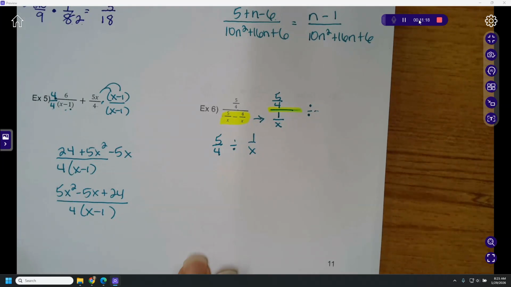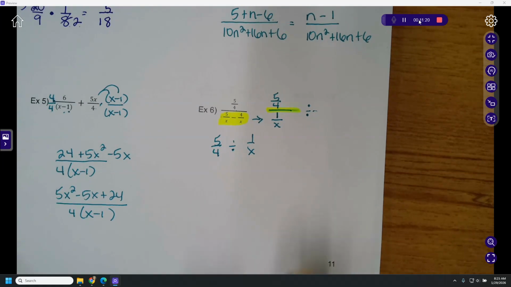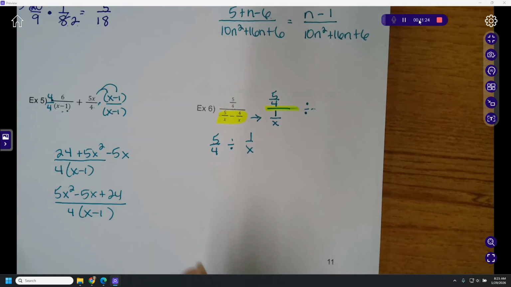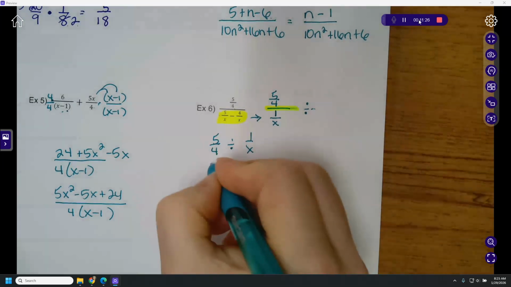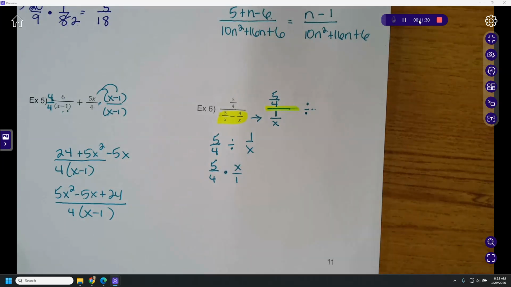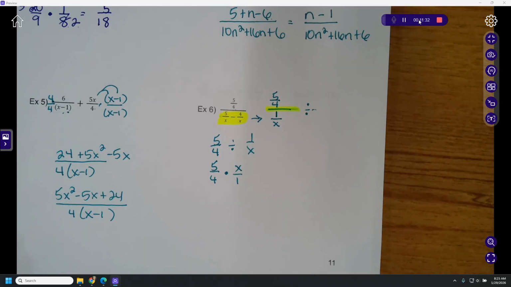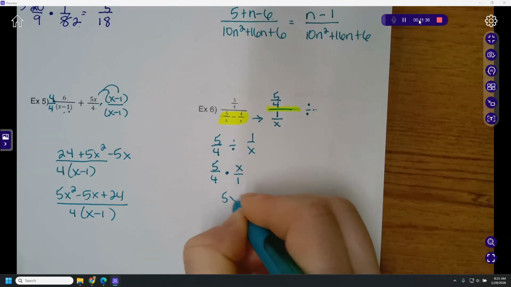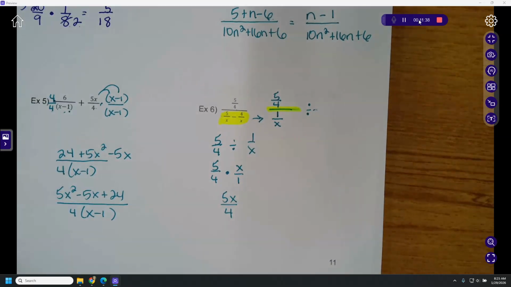And so when I divide fractions, what we talked about yesterday is we use keep, change, flip. So this is the same as 5/4 times x over 1. There's really no canceling out on this one. It would just simplify to 5x over 4.